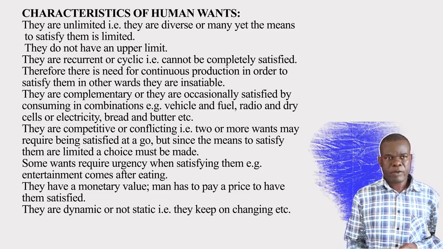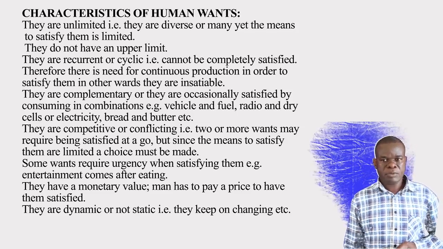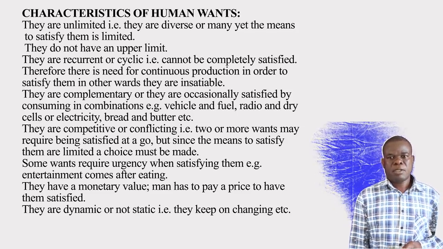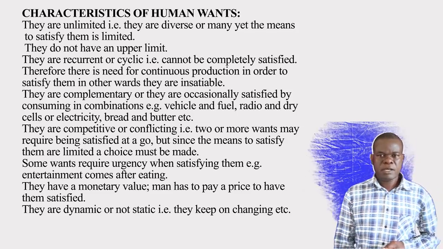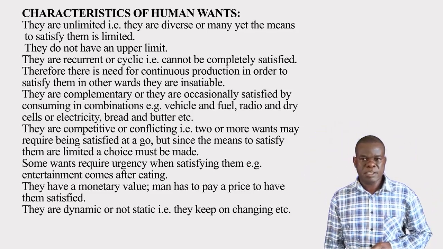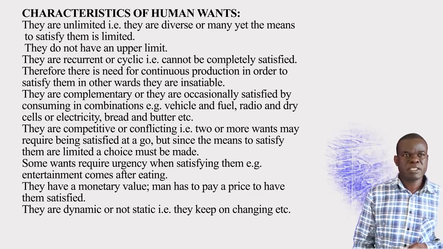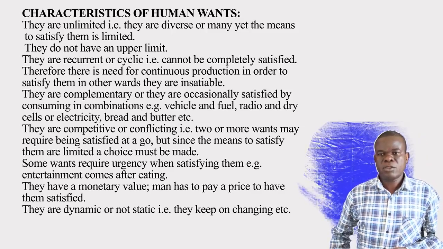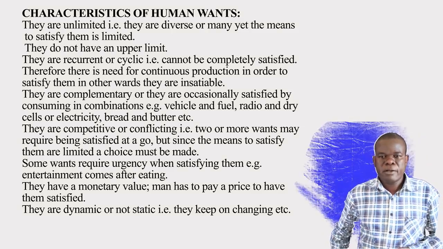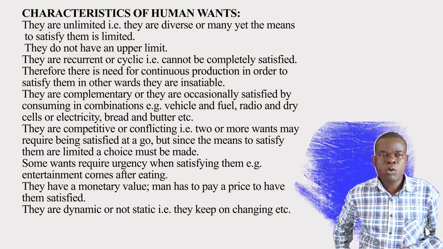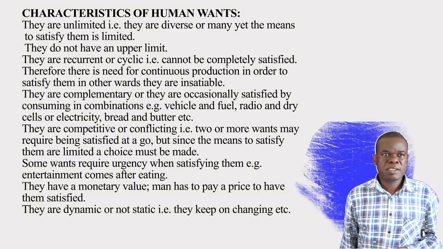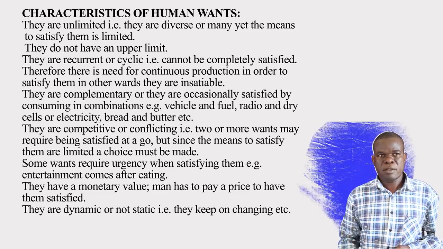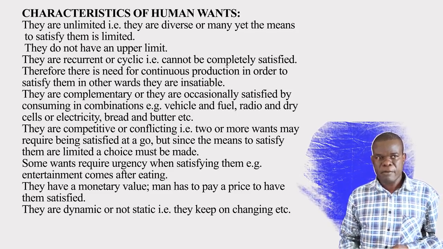You need a radio system, you need electricity or dry cells. The fourth feature is that they are competitive or conflicting, meaning that two or more wants may require to be satisfied at a go. But like we said in our economics aspect, the resources to satisfy human needs are limited.